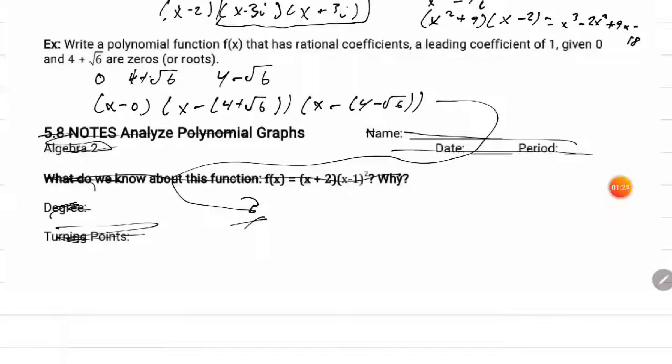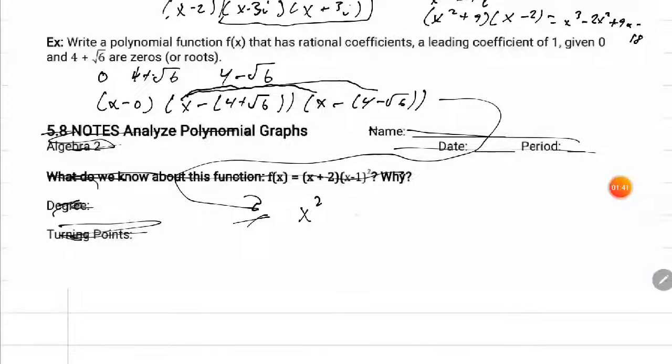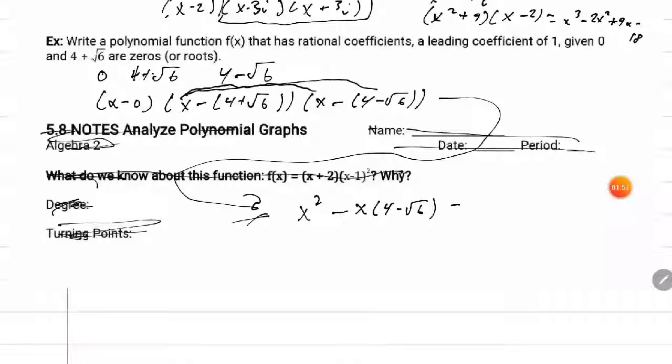So I'm going to FOIL all this up here. The first two are x and x, so that's easy, x squared. And then we have x times this mess, so that is minus x times 4 minus root 6, and then minus x times 4 plus root 6.